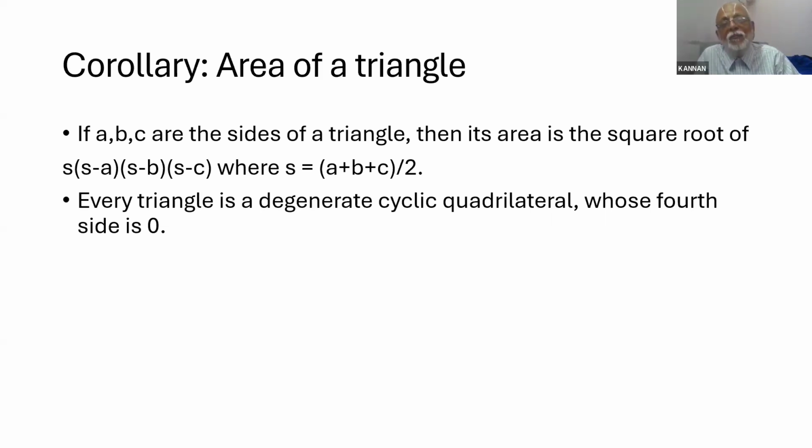How do I derive this from Brahmagupta's formula? I'm just putting D equal to 0. Every triangle is a degenerate cyclic quadrilateral. Just take the fourth side as 0, that's all. Then the same Brahmagupta's formula gives this formula for the area of a triangle, which is known as Heron's formula.